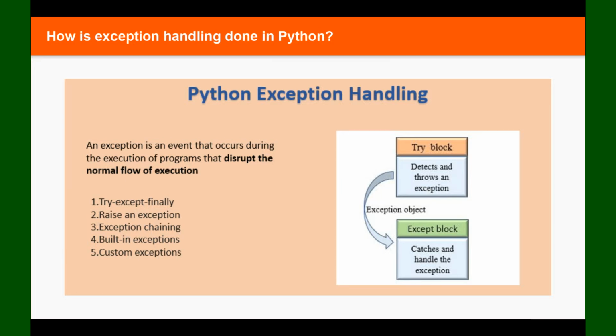The try wraps the code that may raise an exception, except will catch and handle the specific exception, and else runs if no exception occurs in the try block. Finally always runs whether an exception occurred or not, and is used for cleanup.